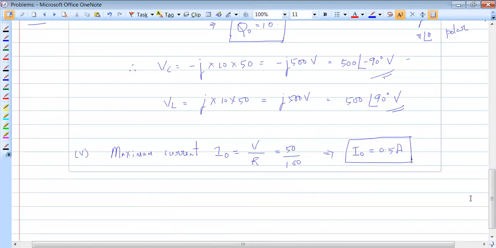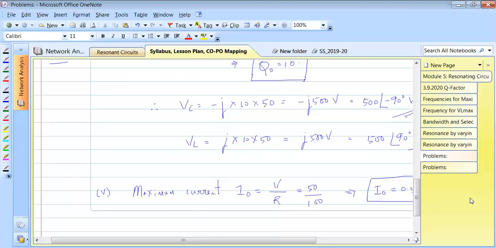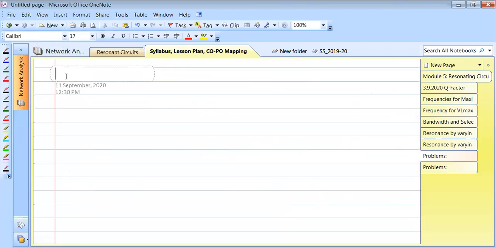Fine. Now, before going to the next problem, we shall take one more derivation. That derivation is for the expressions for f1 and f2 and bandwidth. Let's do that now. Let's take a new page, new subpage rather.